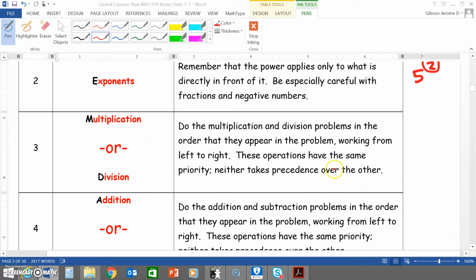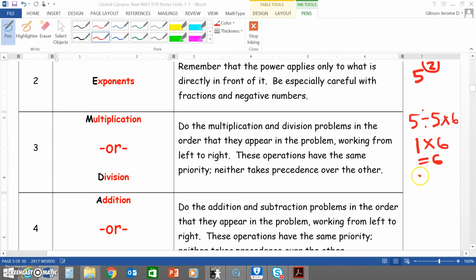Okay, so now, just to illustrate this, if you do a problem like 5 divided by 5 times 6, you do what comes first from left to right, so it'll be 1 times 6, which is 6. Now, if you think multiplication takes priority over division, you would have done the multiplication first.